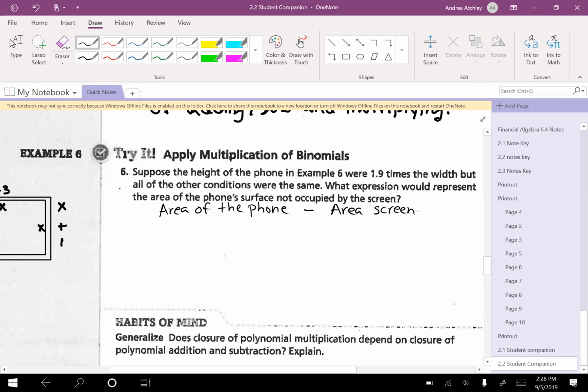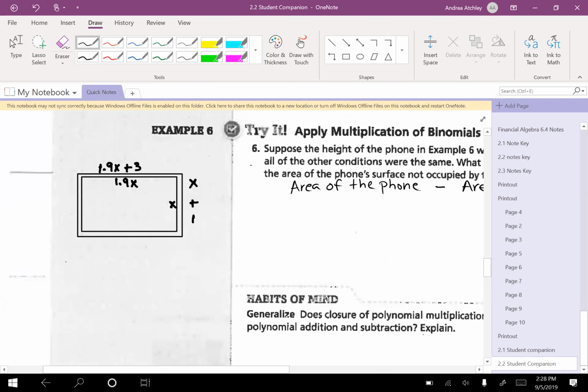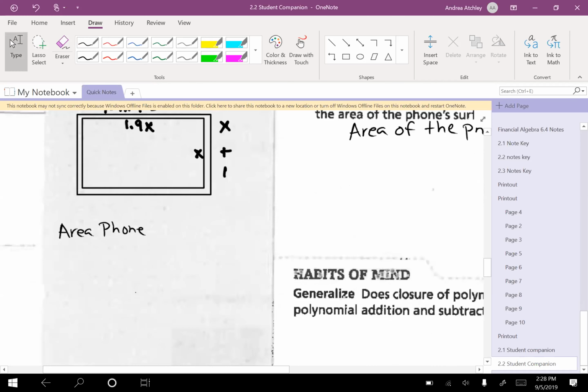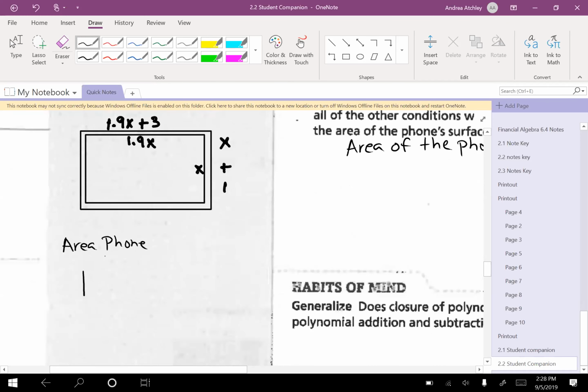Any questions over that? So our area of the phone is 1.9x plus 3, and then times x plus 1. We're going to multiply that together.